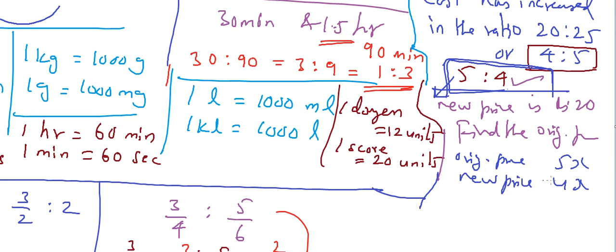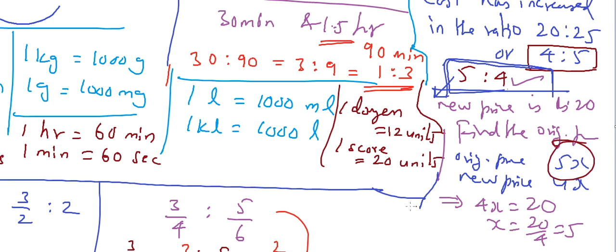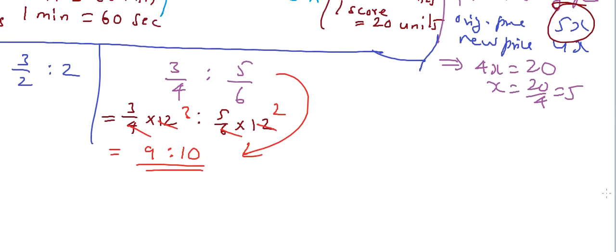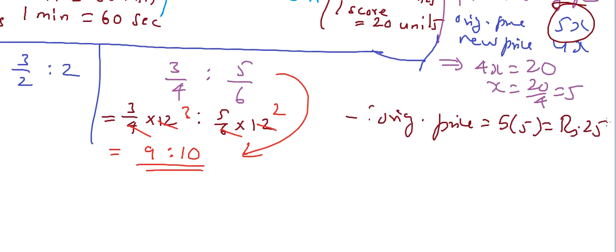New price is 4x, which means 4x is equal to 20, which means x is equal to 20 by 4, equal to 5. Now we can find the original price. What's the original price? It's 5x. Therefore original price is 5x, 5 into 5, so rupees 25.